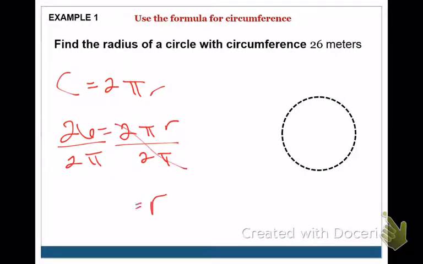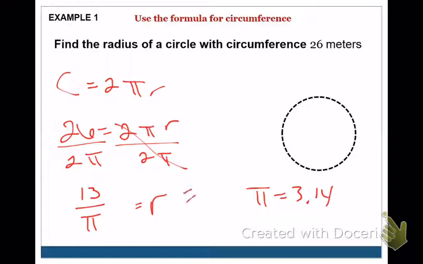And so r is going to be equal to, and we could make this 13 over pi, but pi is an irrational number, and we don't like our denominators to be irrational. So we're not going to leave it like this. We're going to go ahead and divide this out. And so we're going to use 3.14 for pi, and that'll be accurate enough.